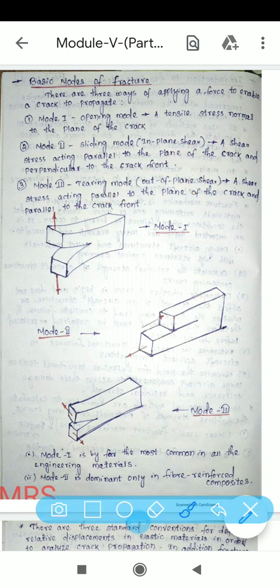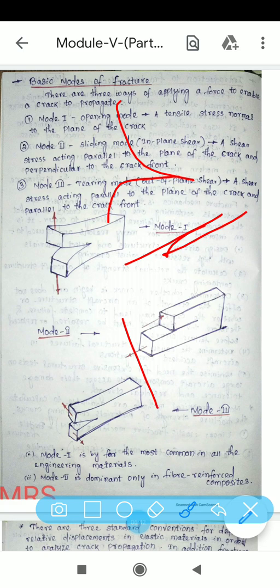Then mode 3, also known as tearing or out-of-plane shear. In this case, shear stress acts parallel to the plane of the crack and parallel to the crack front. So this is your mode 3. This is parallel to the crack and also parallel to the crack front. Tearing takes place. So the first is mode 1, opening mode, then the sliding mode, and this is the tearing mode.